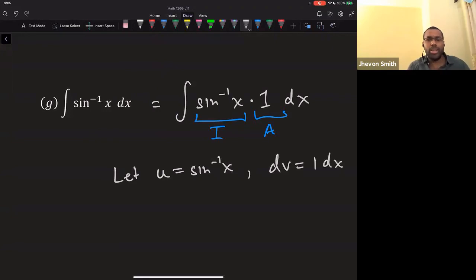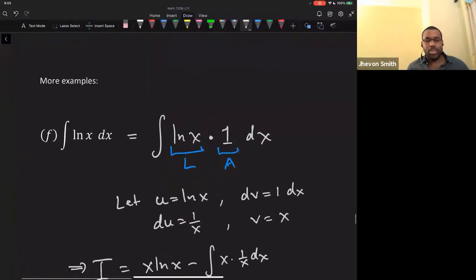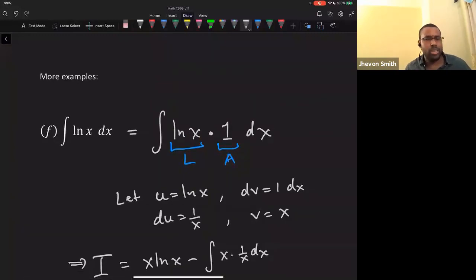We don't know how to integrate it, so it has to be the part that we differentiate. Same thing with ln. I couldn't choose the ln as my dv, because if I could find v, it means I would know how to integrate ln, and I wouldn't need to do this in the first place.